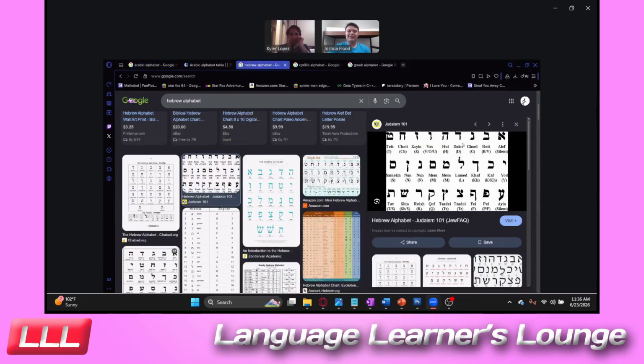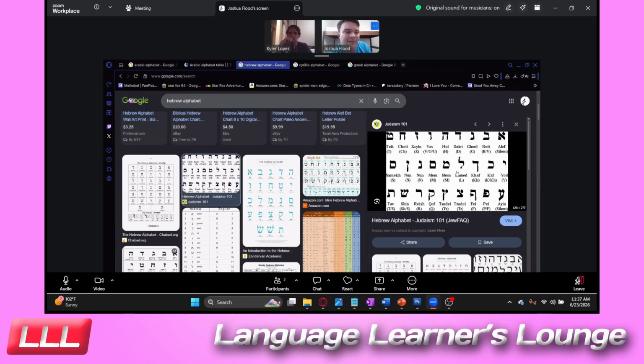Another thing that Hebrew has is diacritics, at least modern Hebrew does. I have one on my phone here, the Hebrew Bible, though it would be hard to see.